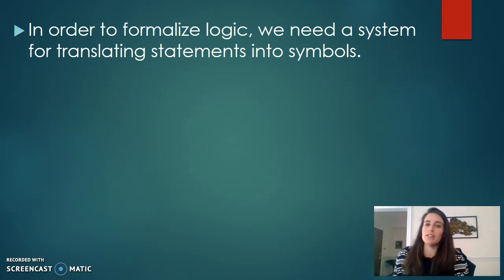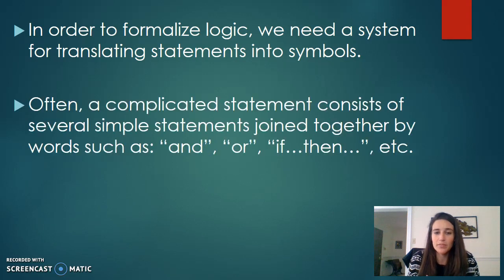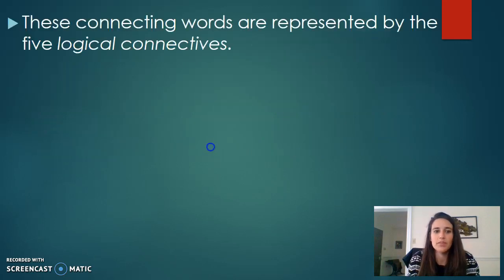So in order to formalize logic, we need a system for translating statements into symbols. And we're often dealing with more complicated statements that consist of several simple statements joined together by words such as and, or, if, then, etc. And we call these connecting words the 5 logical connectives.